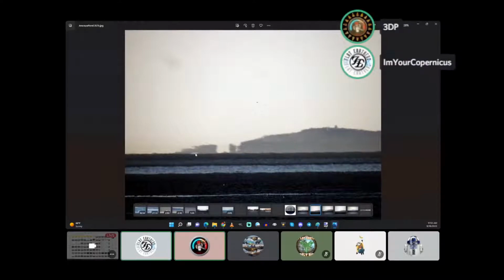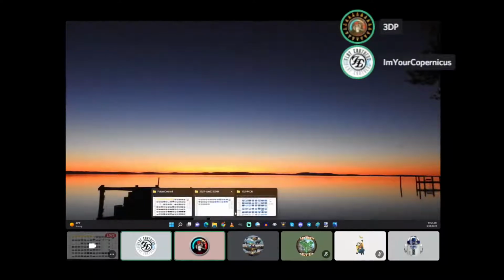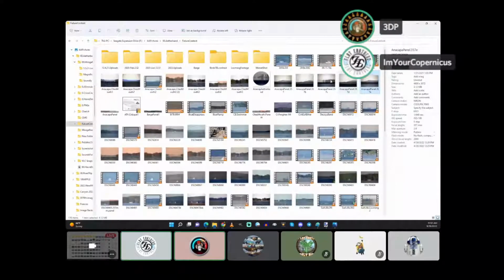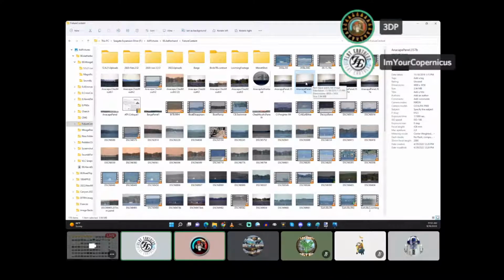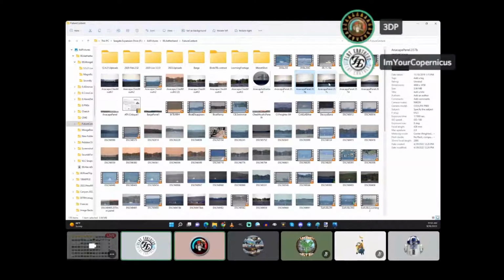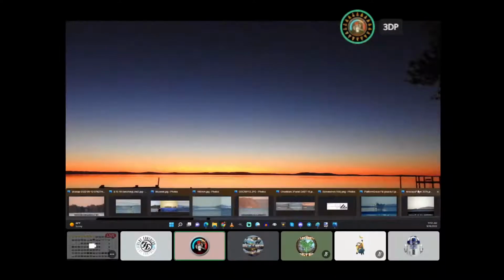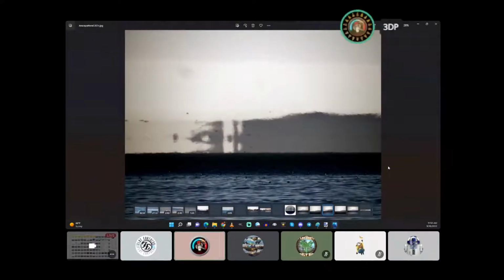So the eye of the arch is down here, and then let me see what the time difference is. This is 1:15, and then this is an hour earlier. Okay, so this image is later, an hour earlier. Whoa.